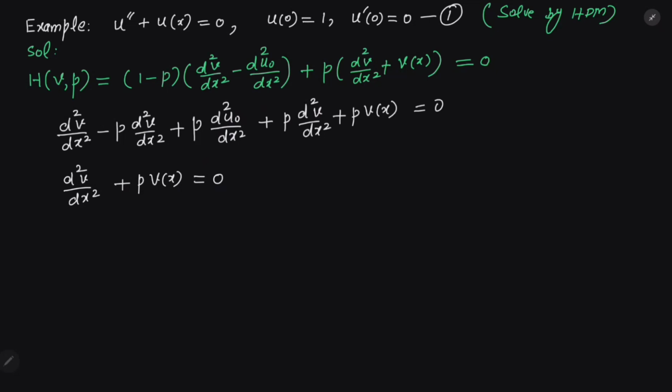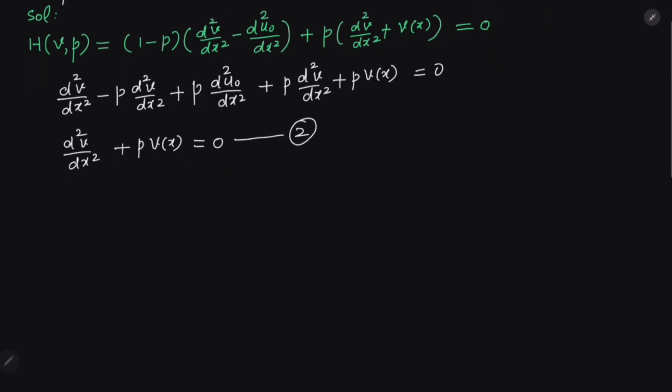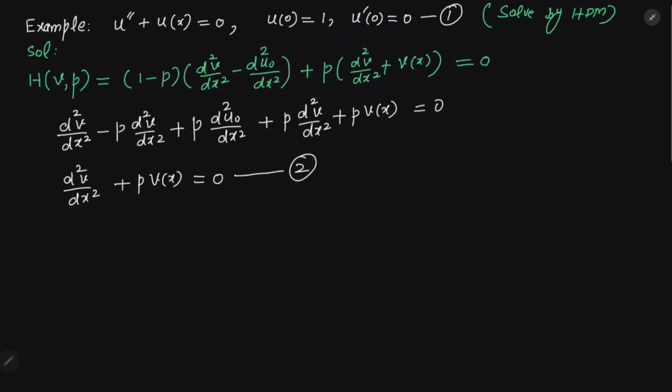And we have to convert the initial conditions as well. So if this is equation number 2, the initial guesses can be written later on. Maybe here I first introduce the solution.